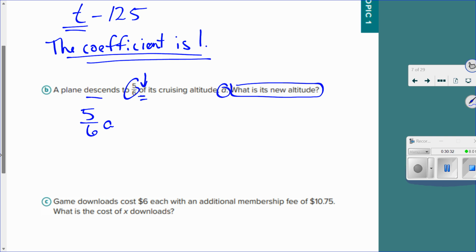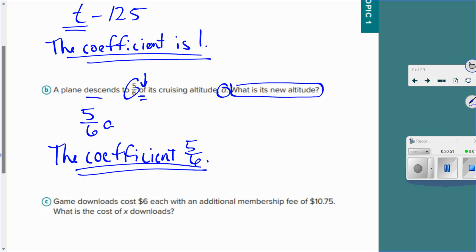Not 1. 5/6. The coefficient is 5/6. Got it. When I'm writing a variable and whatever I'm multiplying it by, that is what a coefficient is. So if it's a fraction or decimal, it doesn't matter. What I'm multiplying it by is the coefficient.